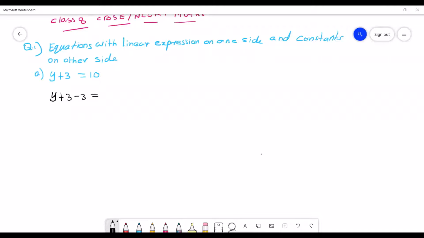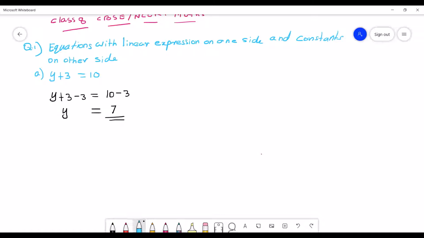And when we are minusing 3 from the left side, the same 3 we have to minus from the right side also. So y plus 3 minus 3 is y. Here we will get 10 minus 3, that we know is 7. So y equal to 7 in this case.